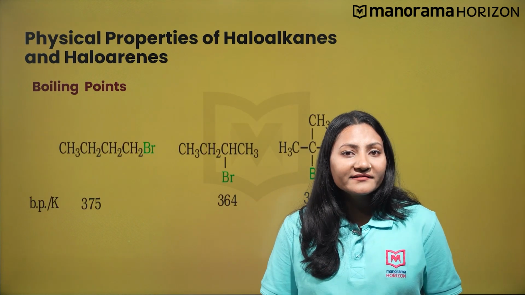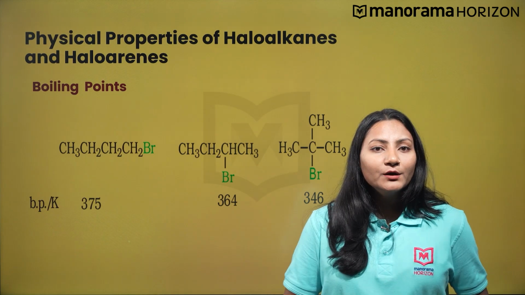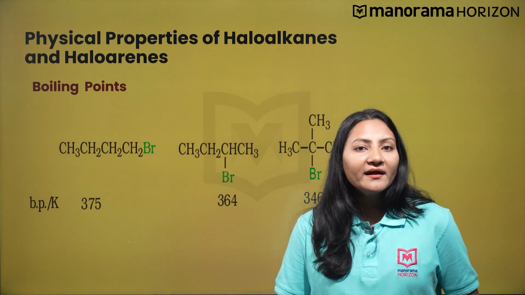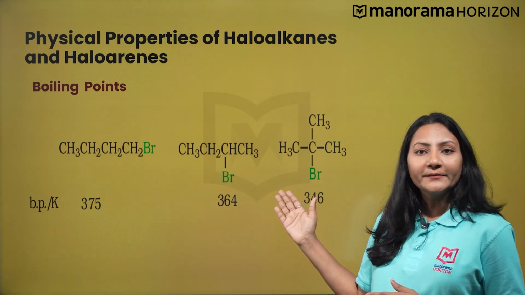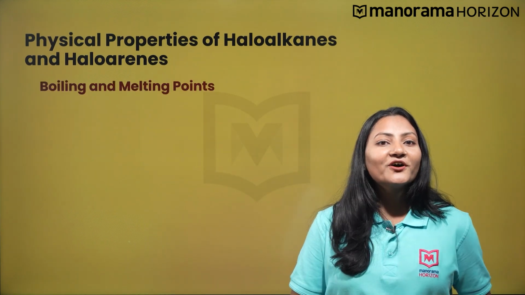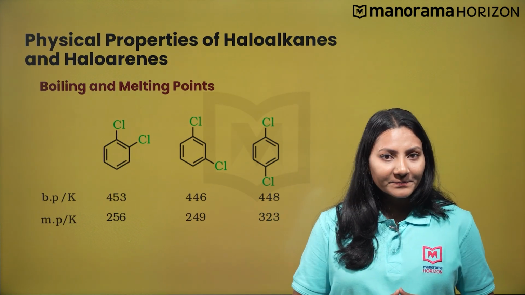Similarly, the boiling point of isomeric haloalkanes decreases with increase in branching. For example, 2-bromo-2-methylpropane has the lowest boiling point among the three isomers shown here, whereas the boiling points of isomeric dihalobenzenes are almost the same.